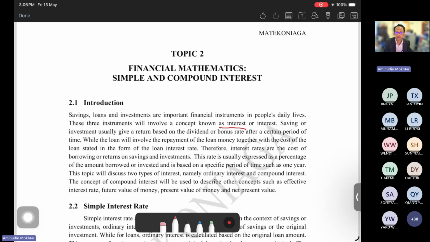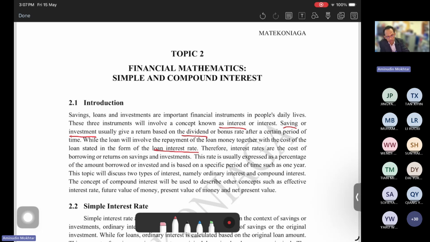Okay, for today, I will explain about the simple and compound interest. Basically, the instrument like saving and investment usually will give a return based on the dividend or bonus rate for a certain period, normally for 1 year. Meanwhile, personal loan, car loan, housing loan will involve the repayment of the loan together with the cost of loan. The cost of loan is normally known as a loan interest rate.